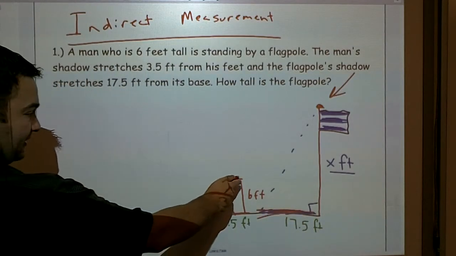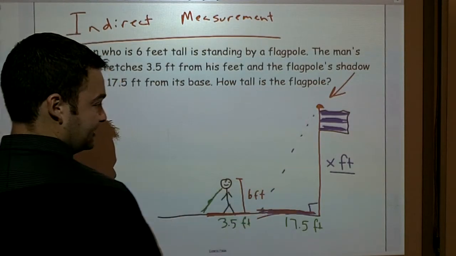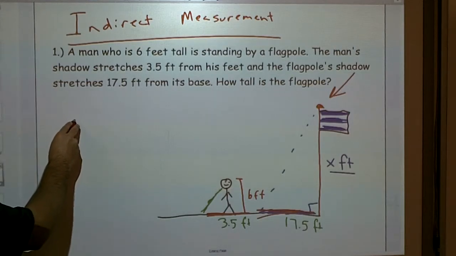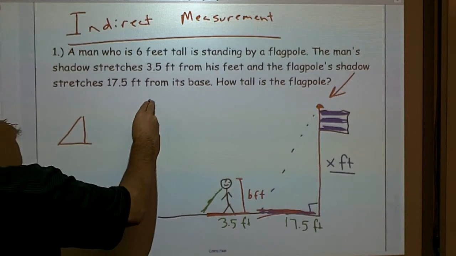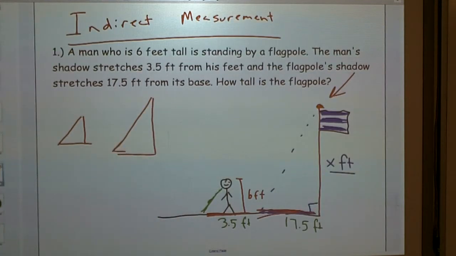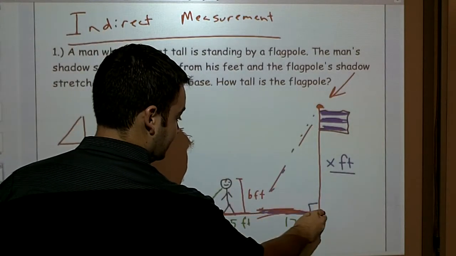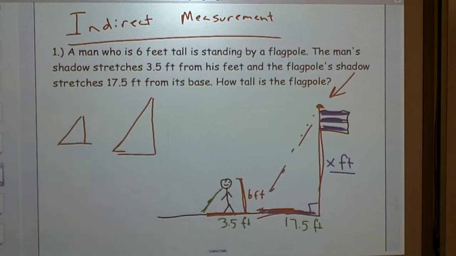The length on this side is not as important, that's just the angle of the sun, but your angles are all the same too. So we've got 2 right triangles, one being a little bigger than the other, right here and right here.